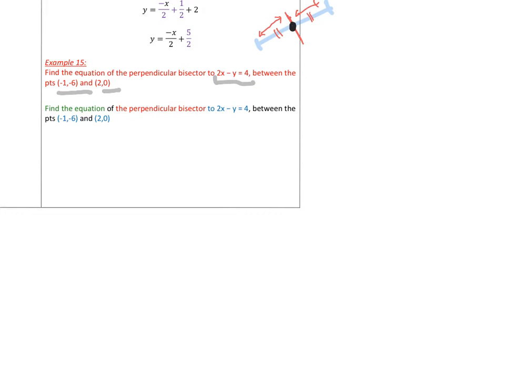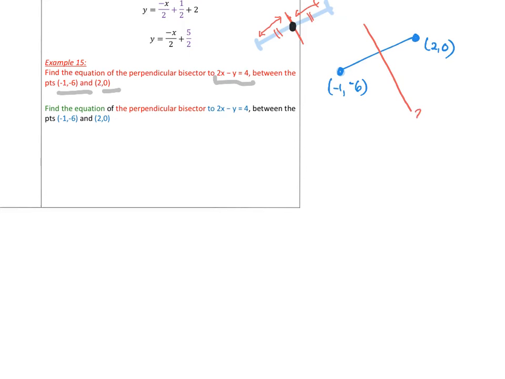So find the equation of the perpendicular bisector to this line here between the points negative 1, negative 6 and 2, 0. What does help is to maybe draw an example of it. You don't have to go crazy, but I'm just saying that's negative 1, negative 6. Then I've got a straight line, and that one's the other point, 2 and 0. I'm just making it up. So I know the question's asking me to find this equation.